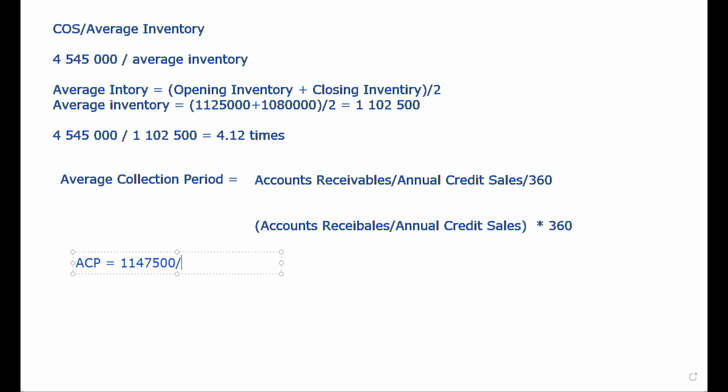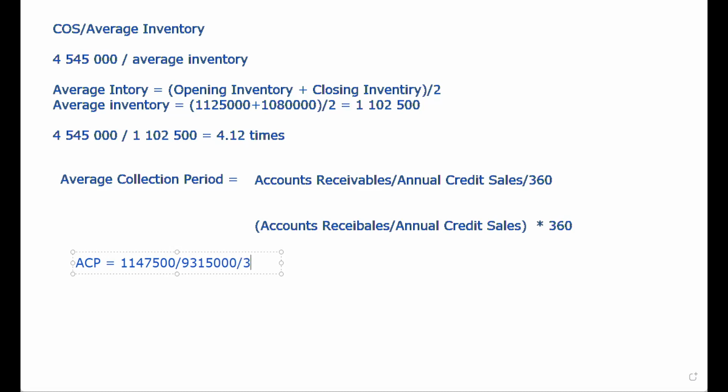On the information provided, we are told that all purchases and sales of inventory are on credit, which means that our total revenue is on credit. So the sales figure of 9,315,000 is on credit. So our annual credit sales are 9,315,000.